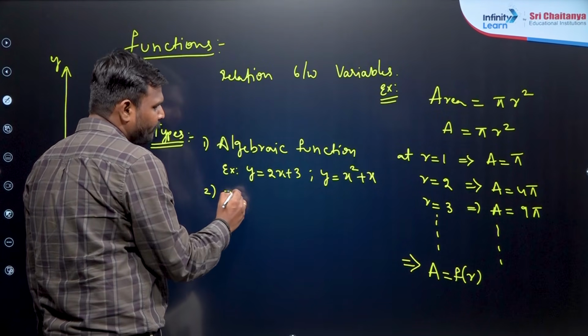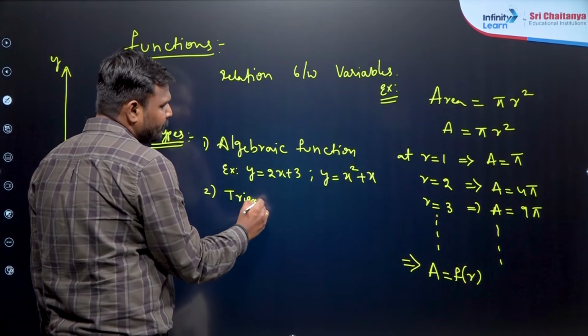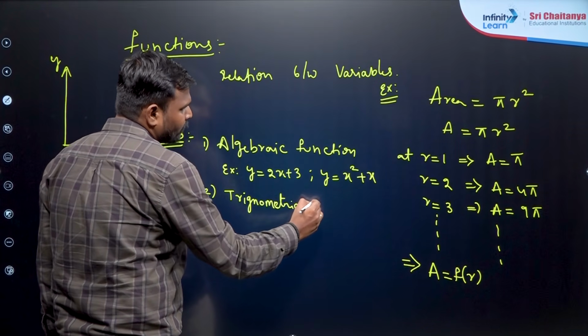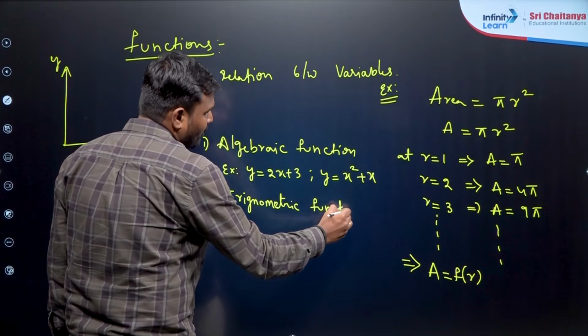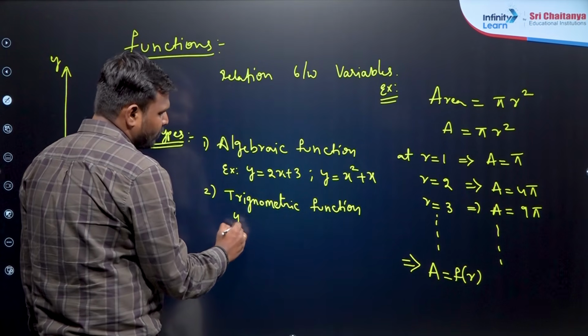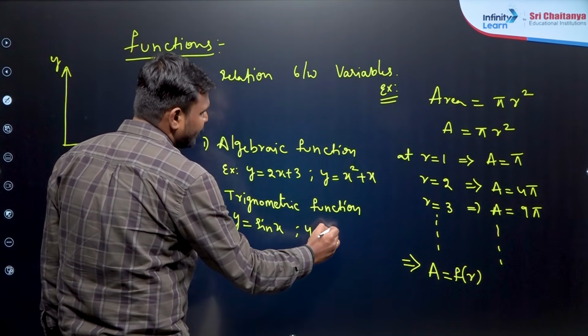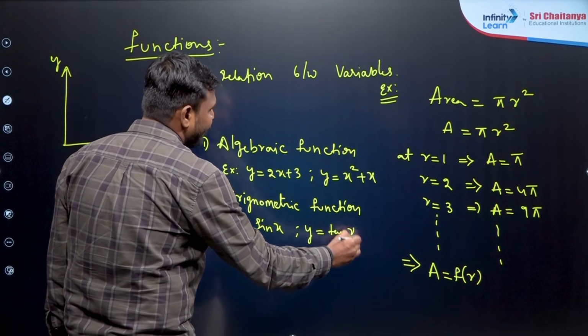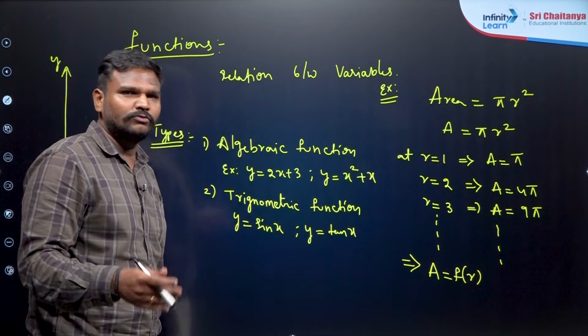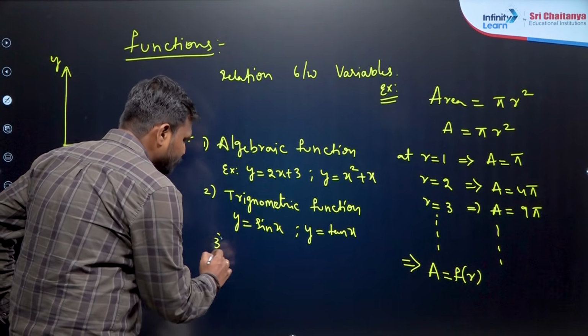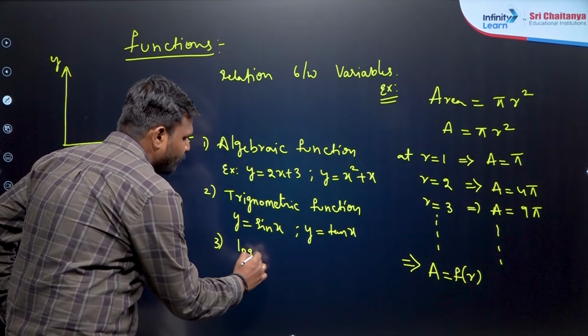Let us say if I am using trigonometry, y is equal to sin x, or y is equal to cos x, or y is equal to tan x, like that. If trigonometry is involved, I name that function a trigonometric function. Similarly, logarithmic functions.